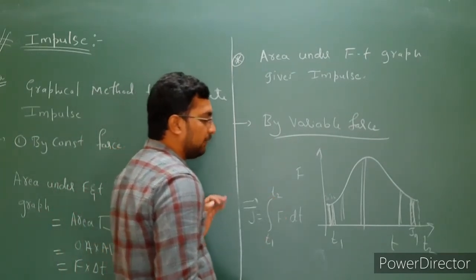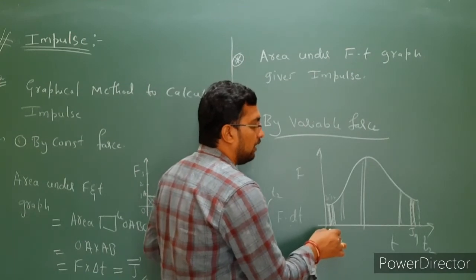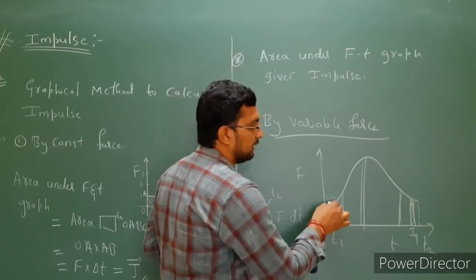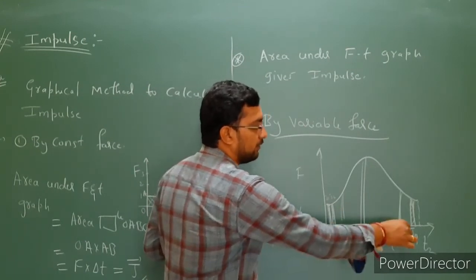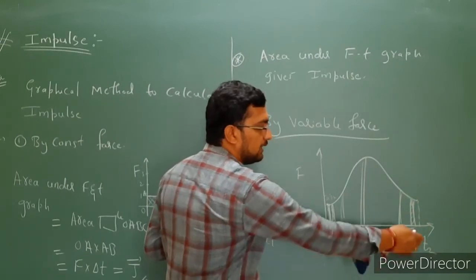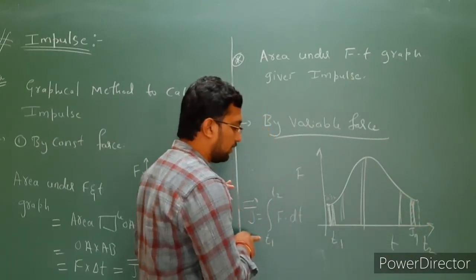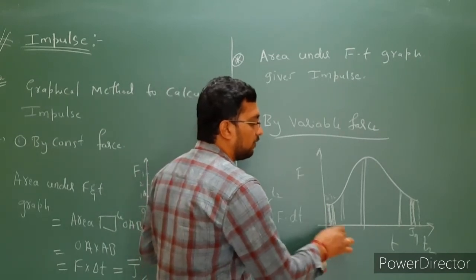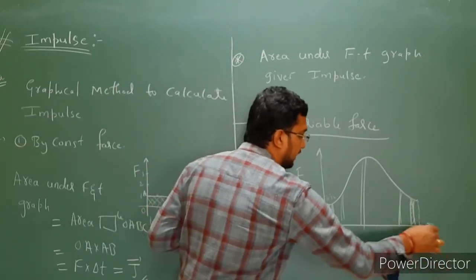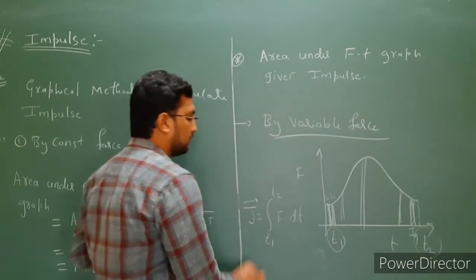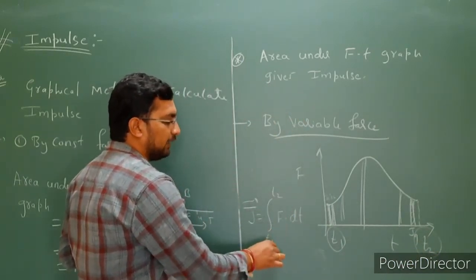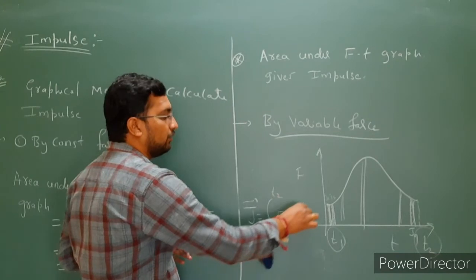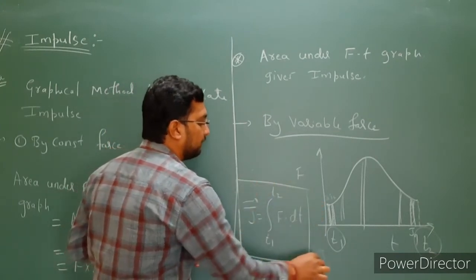Integration means it will add all the impulses. For example, here the impulses are J1, J2, J3, J4, J5, so on up to Jn. According to this expression it will add from the time t1 seconds to t2 seconds. So J vector is equal to the integration from t1 to t2 of F into dt, right?